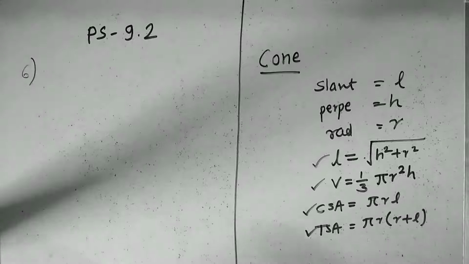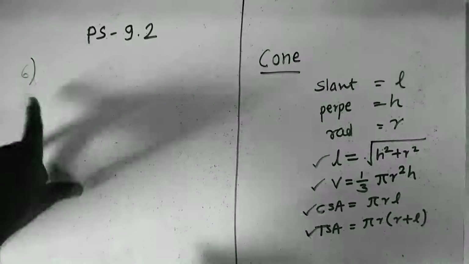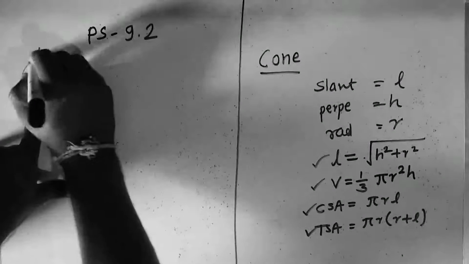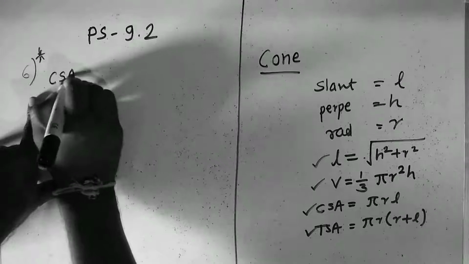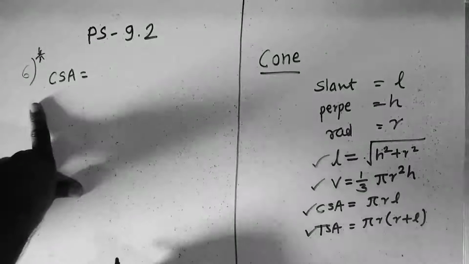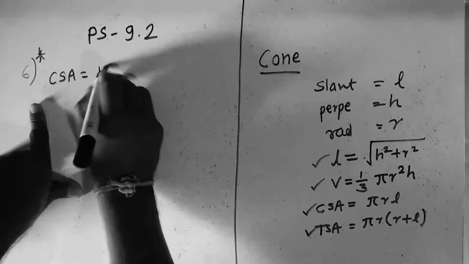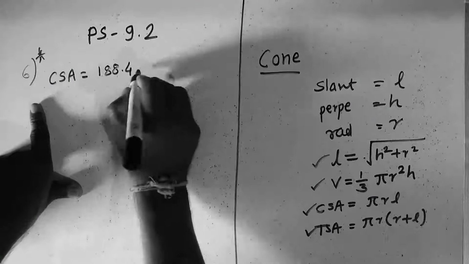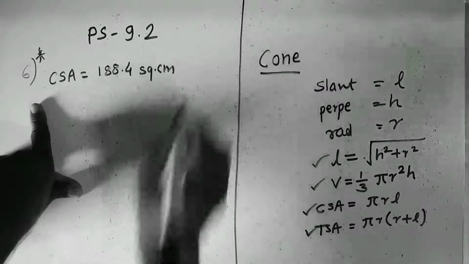What is given in this? Let's see, students. The example has a correction. Surface area of cone is given, but you have to read it as curved surface area. So there is one correction in question number 7, that it is curved surface area, not surface area. Remember, the curved surface area of the cone is 188.4 square centimeter.